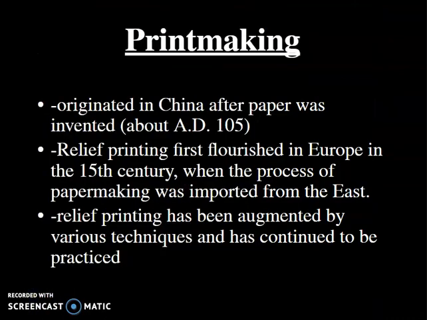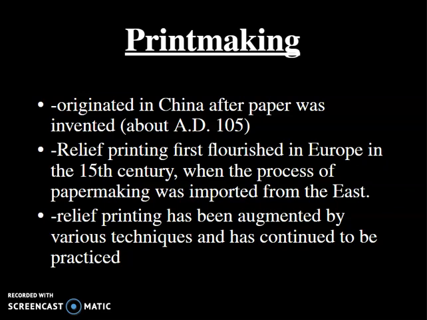Now we're going to talk about printmaking, an art form that originated in China soon after the invention of paper. But this is a medium that we see flourishing across Europe during the 15th century. One of the cool things about printmaking is that you are able to make multiple copies.